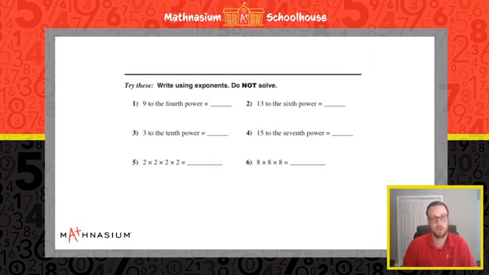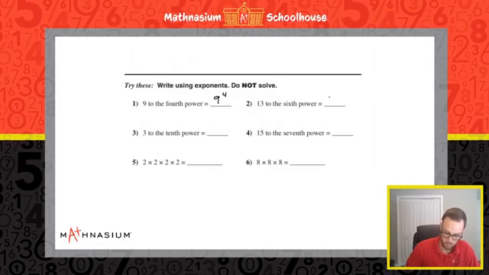For these first couple, I don't want to solve it, I just want to write the exponent. So we're going to take the words or the repeated multiplication that we see here, and write that as a base with an exponent. For the first one, we have 9 to the 4th power.